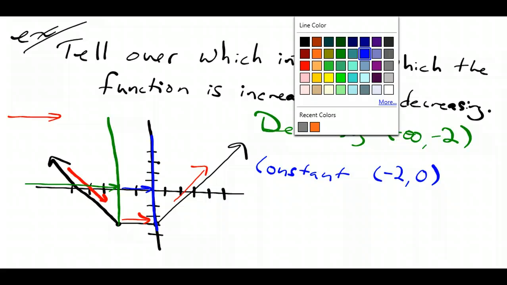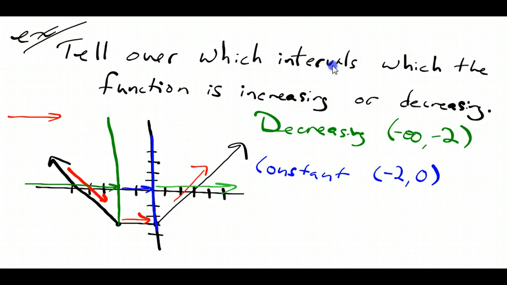And then it goes from there on. So from here, forever, it is increasing. So increasing from 0 to infinity. That's all you would have to put on analyzing that graph.